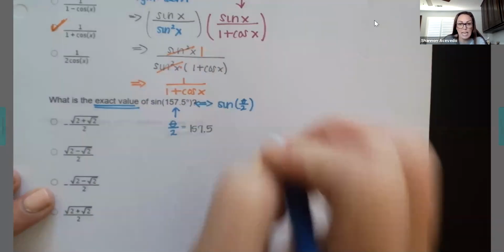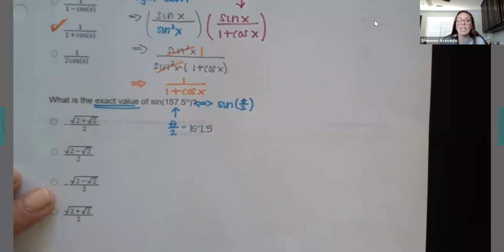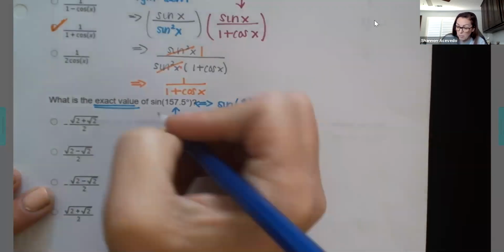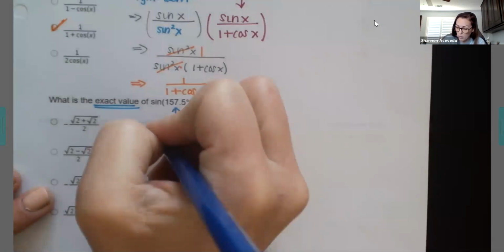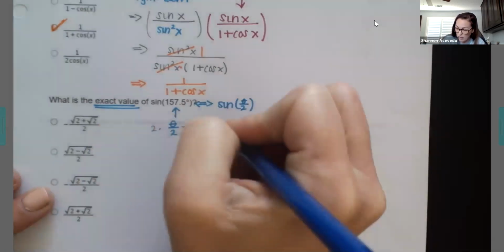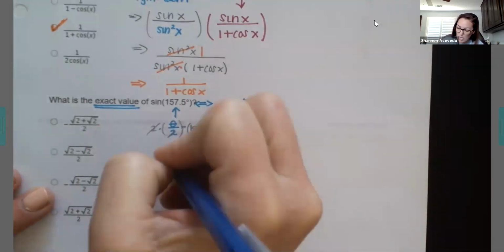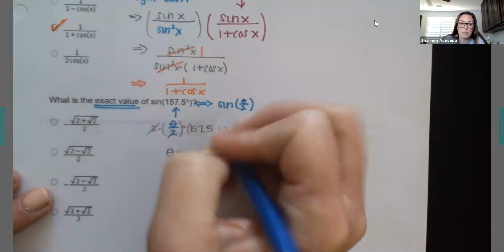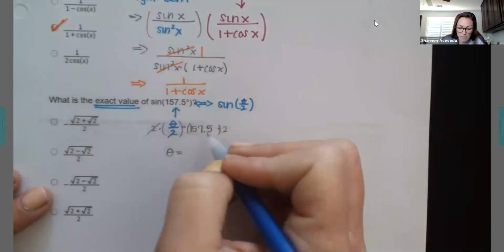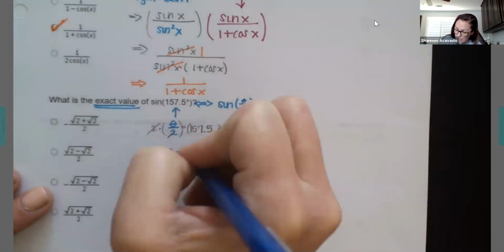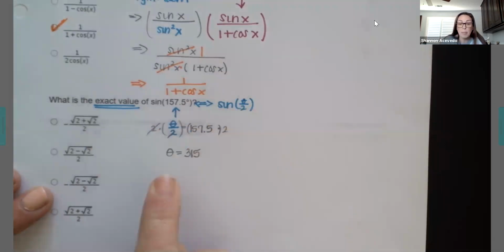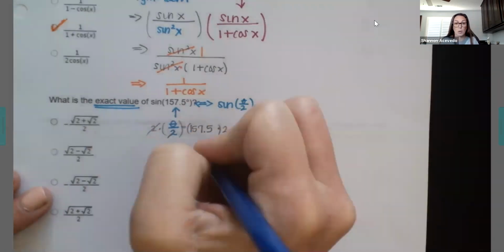If that's the case, can I solve for just theta? So yeah, I can multiply this by 2, and what I do to one side, I do to the other. So this would cancel out, and this tells me that theta would equal 2 times 157.5, which is 315.